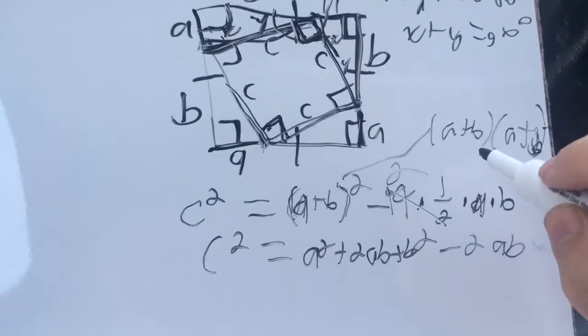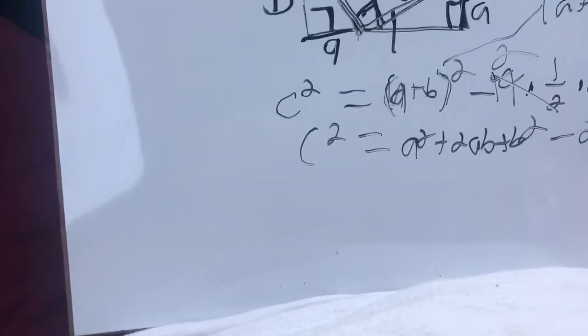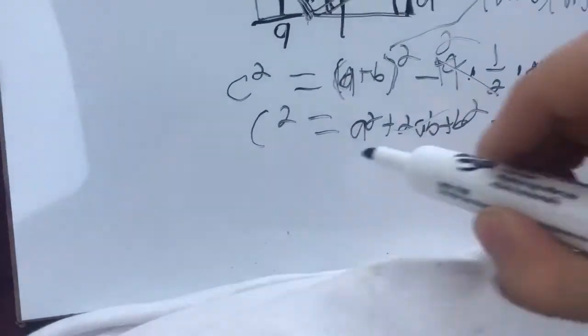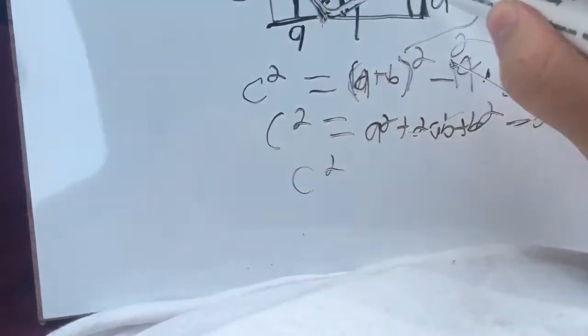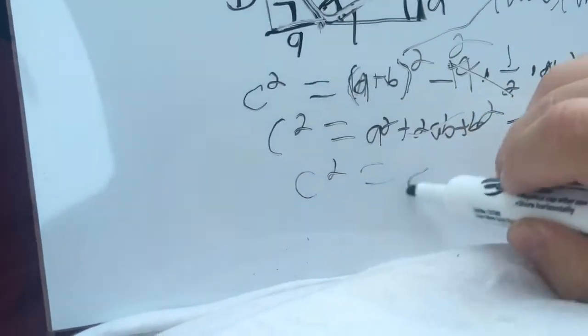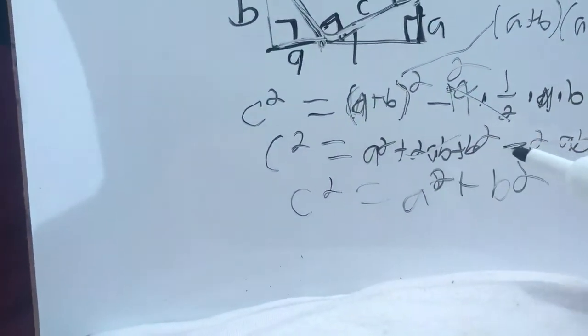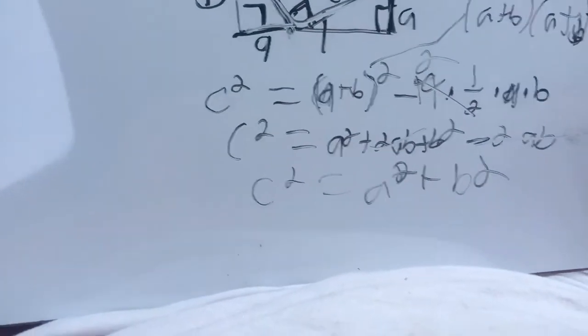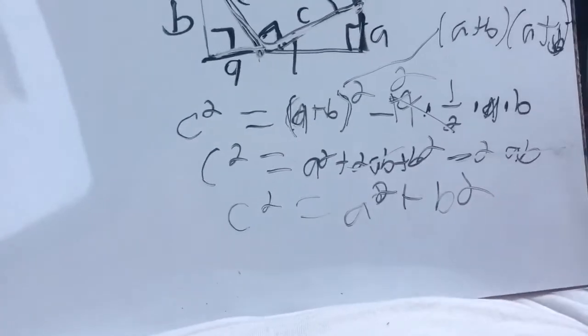It's just 2 binomials, A plus B. And this right here just cancels. 2AB and 2AB cancels. So C squared, the area of this square, is equal to A squared plus B squared. What does that mean? C squared is equal to A squared plus B squared.